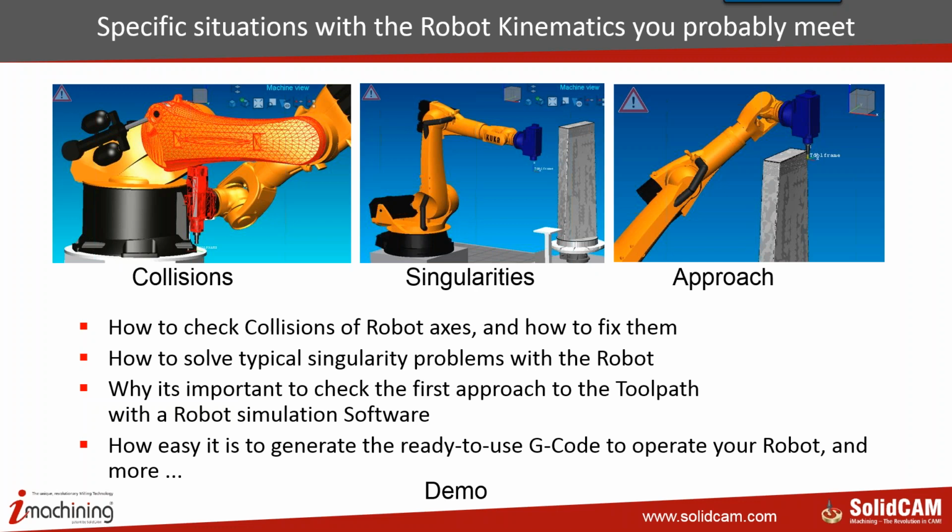And the most important point is to check the first movement to approach the operation, and how you approach, in which relation to the kinematics of the axes and joints of the robot you approach the point, and then how easy it finally is to get ready to use G code to operate the robot.